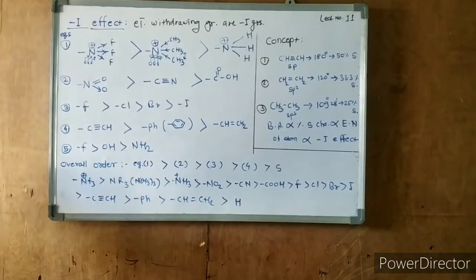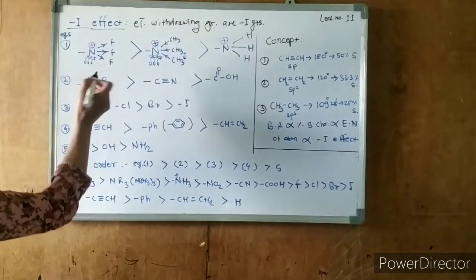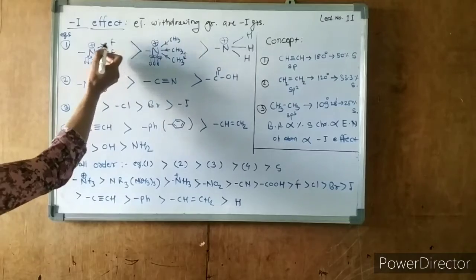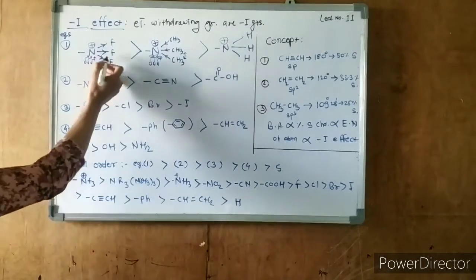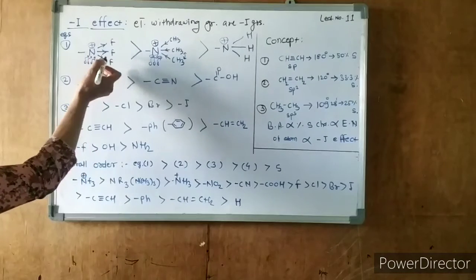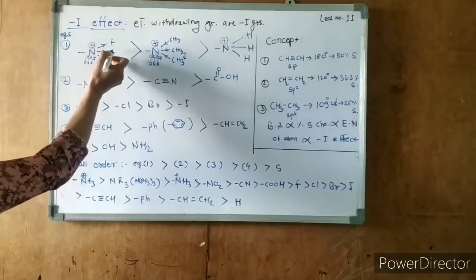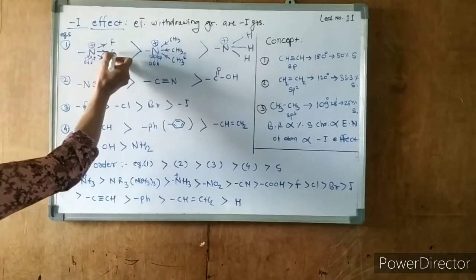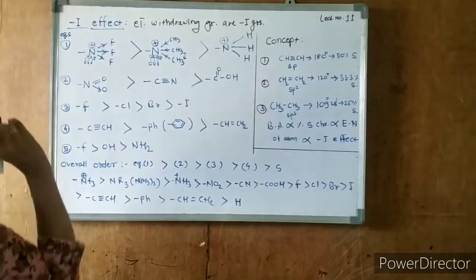Here NF3, it is an example, NF3 plus. So here fluorine is more electronegative than nitrogen, that we know. Fluorine is more electronegative, so fluorine may withdraw electrons from the nitrogen. This fluorine also withdraws electrons from the nitrogen, and this fluorine also withdraws electrons from the nitrogen.